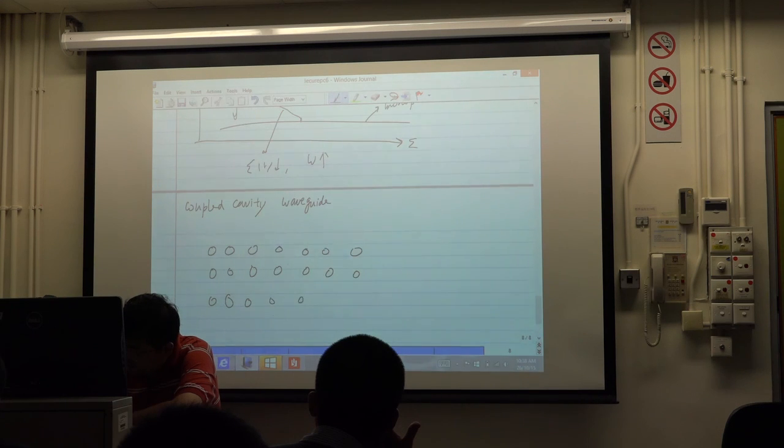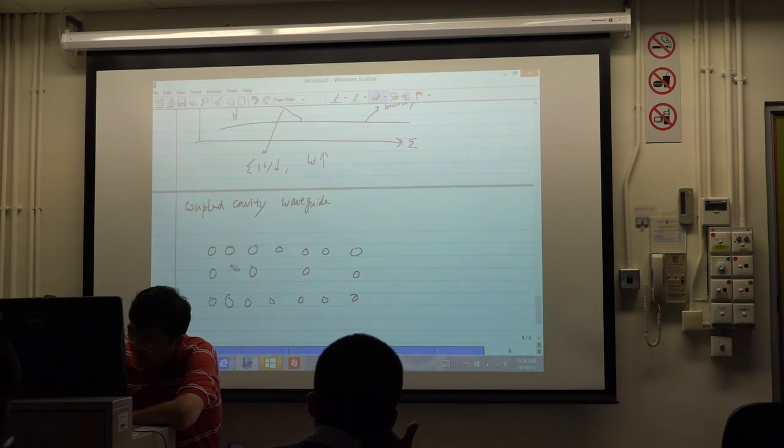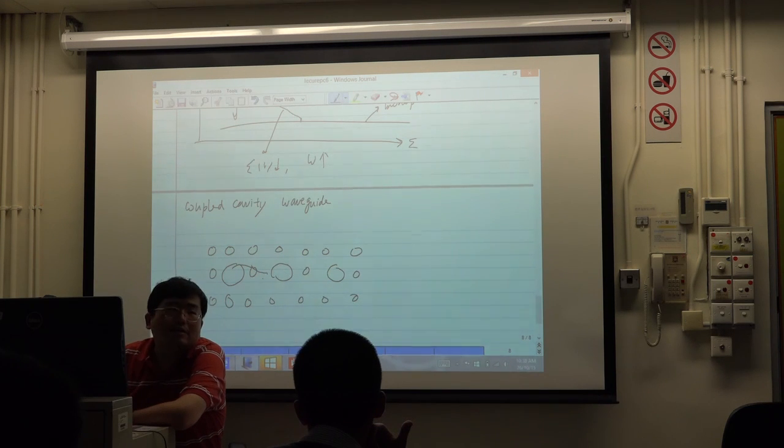I'm removing something like this. This is a cavity. Because it only has one column, the field does not decay to zero.